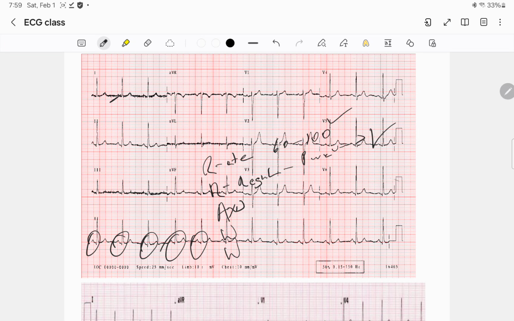Lead 1, lead 2, 3, AVF. So that is satisfied. What is the width of the PR interval? Let's pick lead 2. It's clearly less than 0.2 seconds, so that's satisfied.